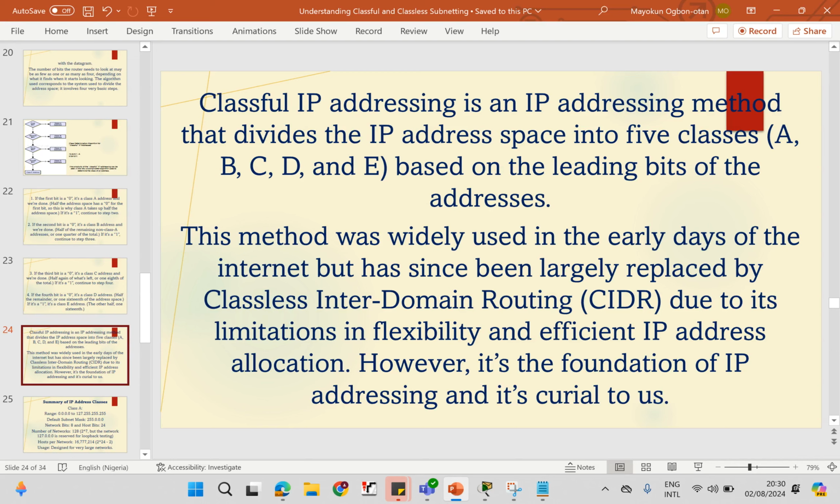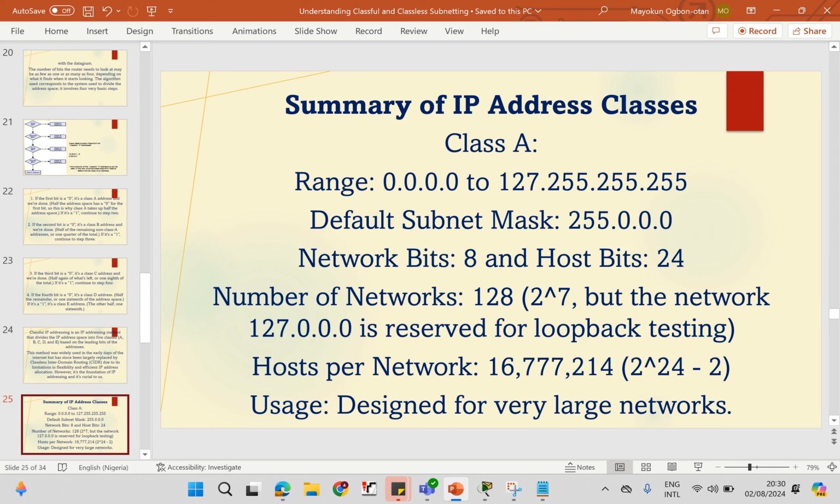This method was widely used in the early days of the internet, but has since been largely replaced by classless inter-domain routing, that's what we call CIDR, due to its limitations in flexibility and efficient IP address allocation. However, it's the foundation of IP addressing and it is crucial to us, especially because of what we want to achieve. So we brought the summary down here.